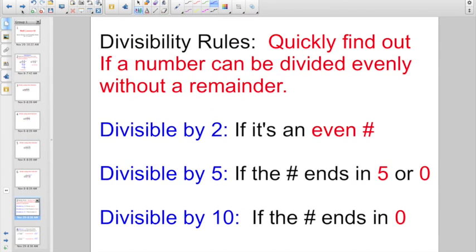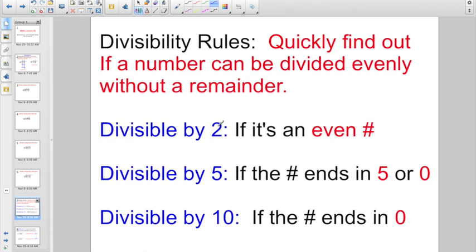All right, as if that wasn't enough for us, we got divisibility rules. And remember about divisibility rules: they quickly find out if a number can be divided evenly without a remainder. Folks, these are going to be so important to you when we start reducing fractions. Just for a review right now, we should have already learned the divisibility rule for 2, 5, and 10.